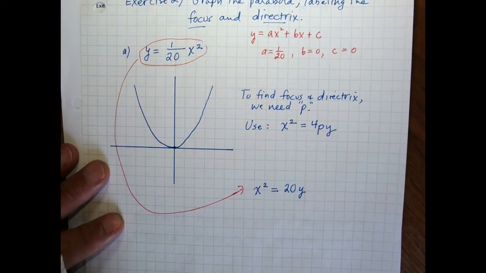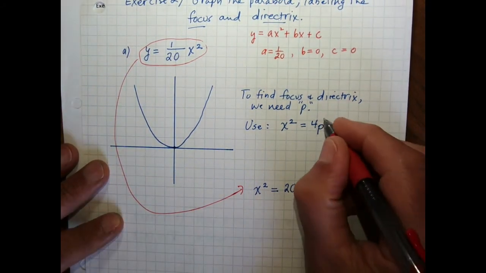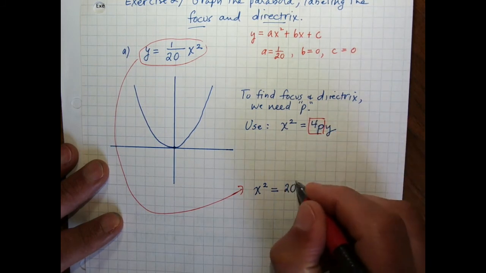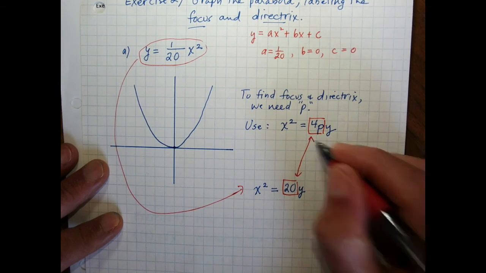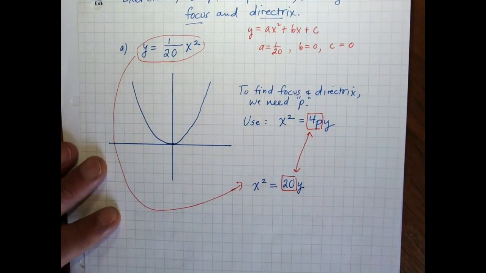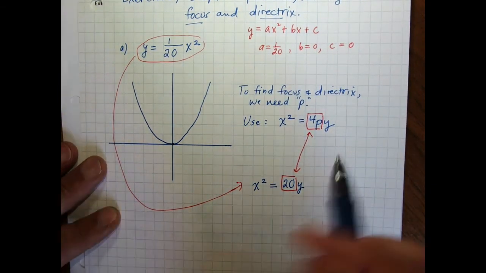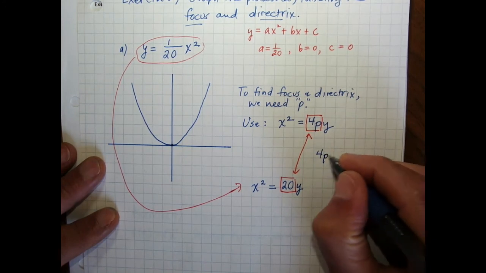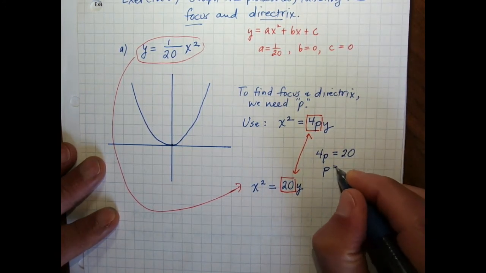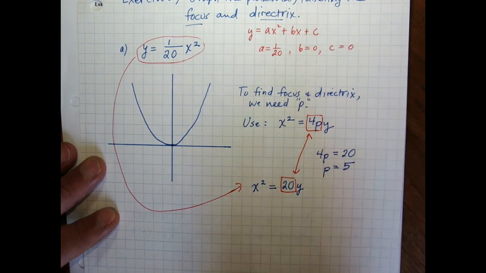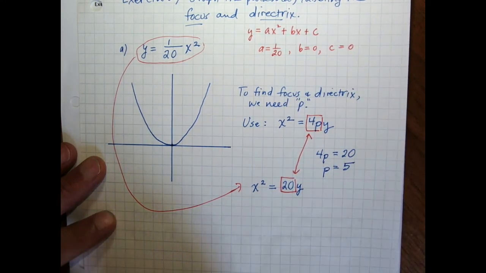And then I compare the coefficient of y in the standard form to the coefficient of y in my example. And what we see is that 4p has to equal 20. So divide both sides by 4, p is equal to 5.